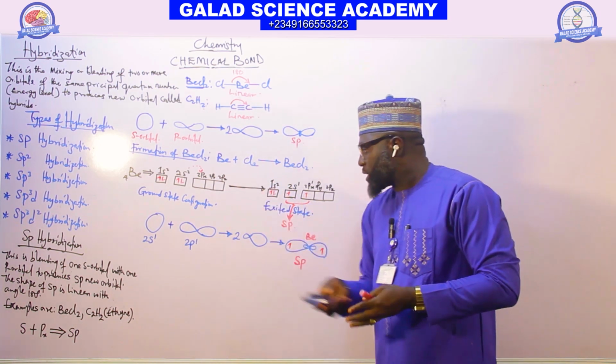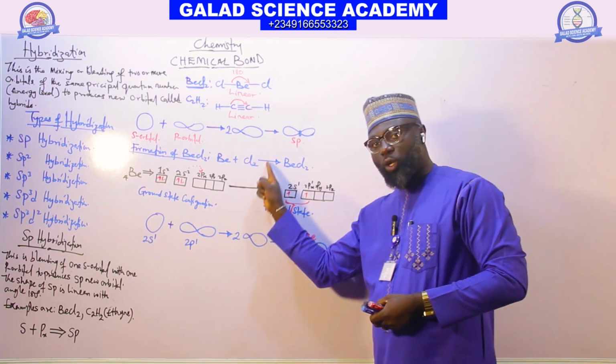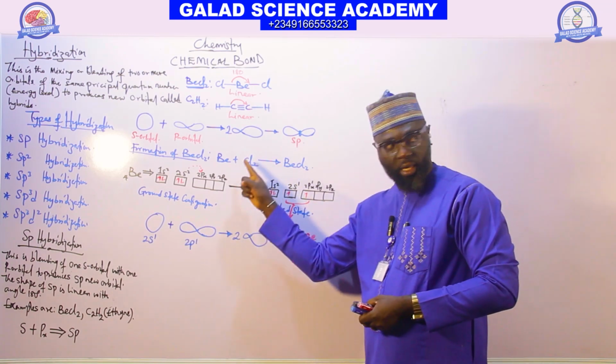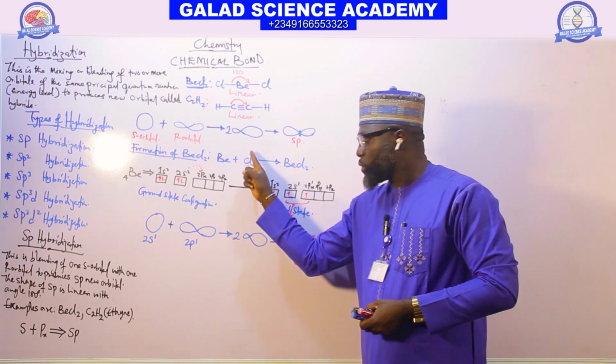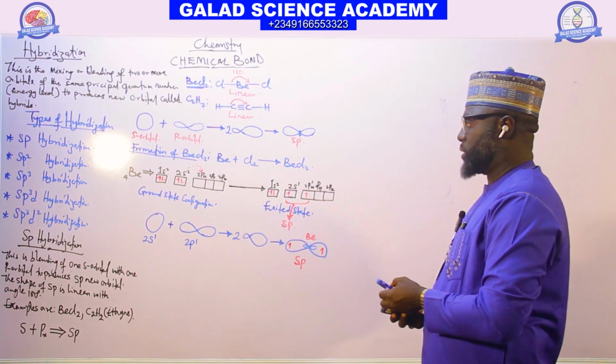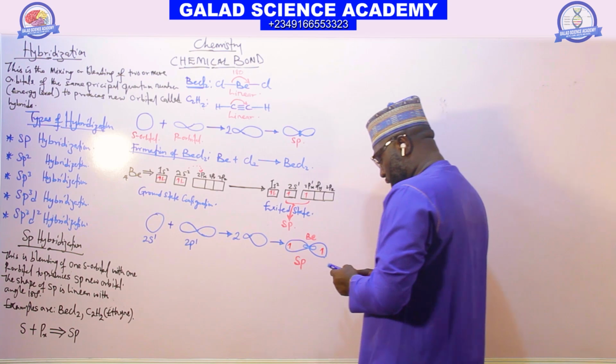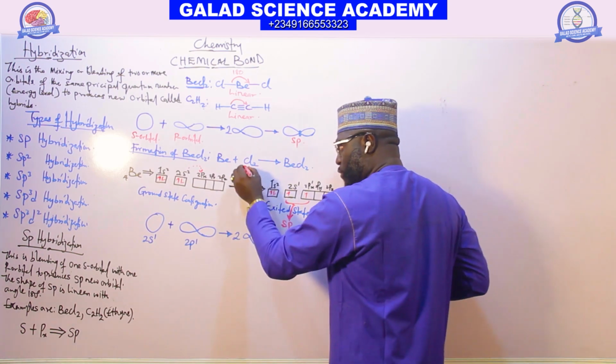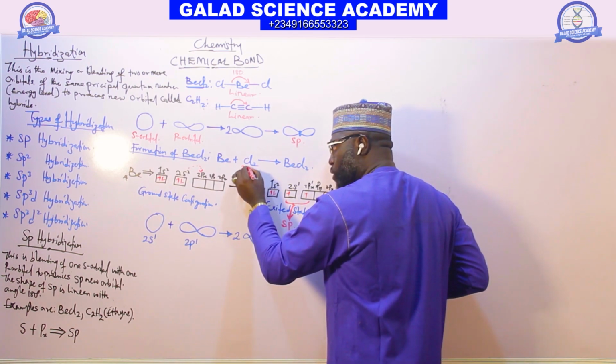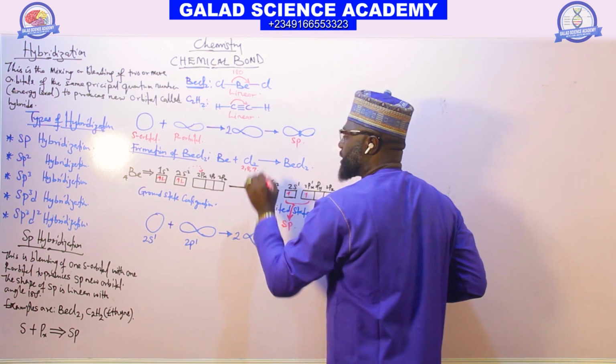But don't forget that this beryllium wants to react with chlorine. And you realize that this chlorine has a configuration of 2, 8, 7.